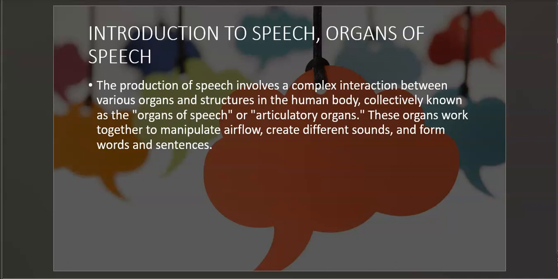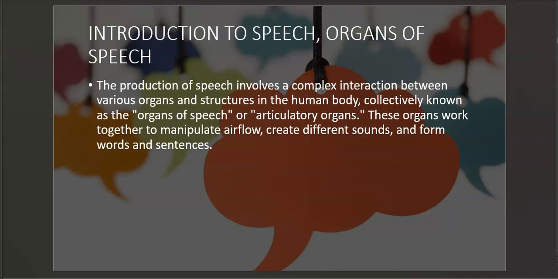So through organs of speech or articulatory organs, we are able to deliver this speech or this language or this communication we want to pass across. These organs work together to manipulate airflow, create different sounds, and form words and sentences.